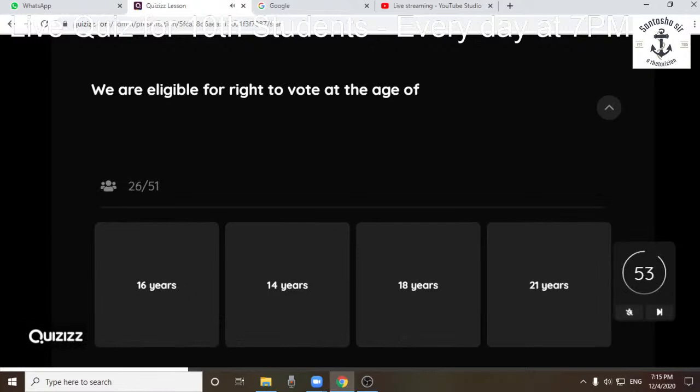We are eligible for the right to vote at the age of. What is the minimum age requirement to cast your vote? We are eligible for the right to vote at the age of. 35 seconds more.